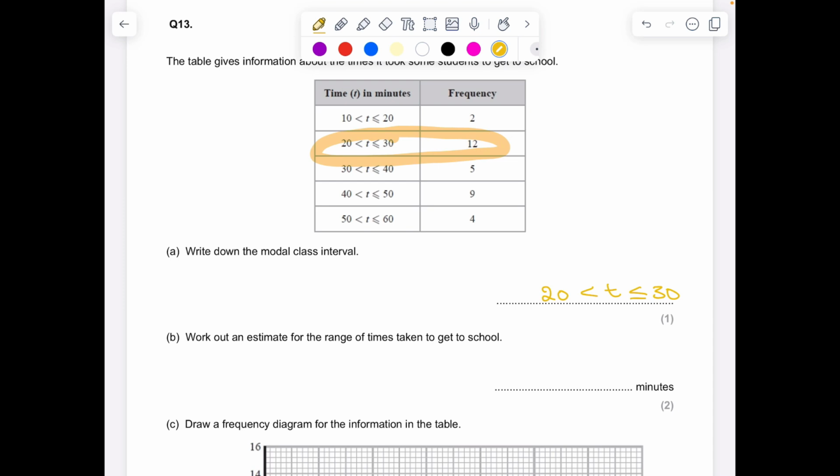Work out an estimate for the range of times taken to get to school. It's called an estimate because you don't actually know the exact times, but you take the biggest it could possibly be, take away the smallest it could possibly be. So in this case, the biggest it could possibly be is 60, the smallest being 10, so 50 minutes is your range.